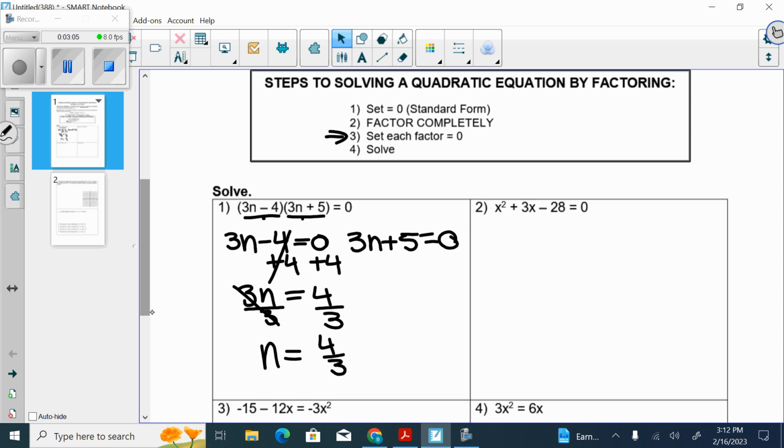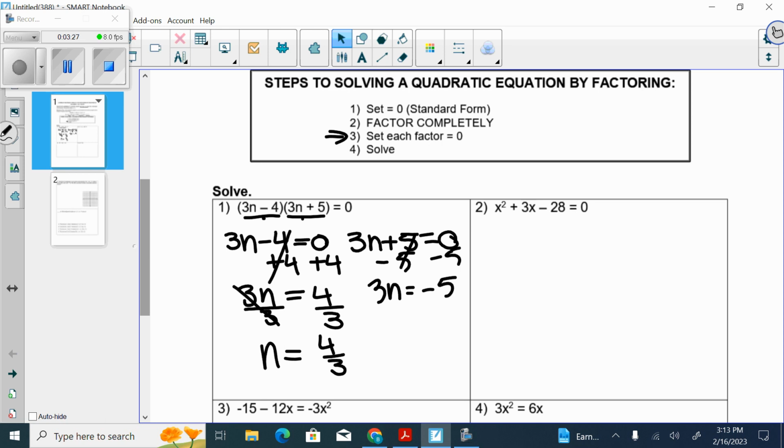Got to do the same thing to this other one. So what am I going to move first? The 5. How do I move it? Good. What is 0 minus 5? Negative 5, right. 0 minus 5 is negative 5.